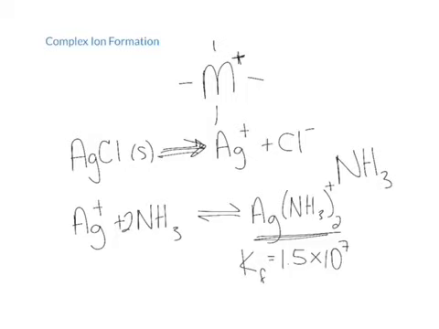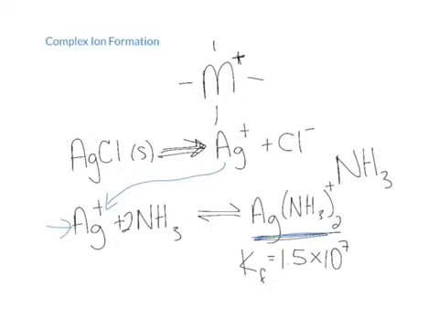Now you could imagine that because we formed this complex ion, this equilibrium down here has taken from that original equilibrium that we started with. That is to say that the second equilibrium is taking the Ag+ from the first equilibrium.